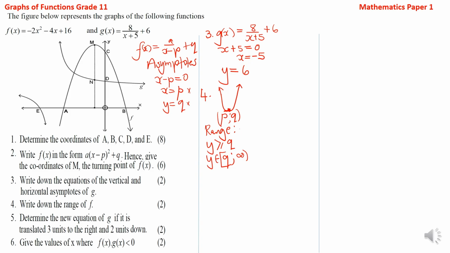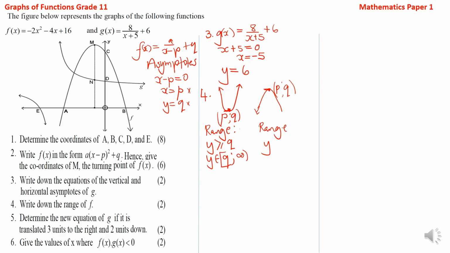If your graph has this shape and the coordinates of the turning point are also p and q, then the range of the function, the graph starts from negative infinity and ends at point q, where q is the y coordinate of the turning point.